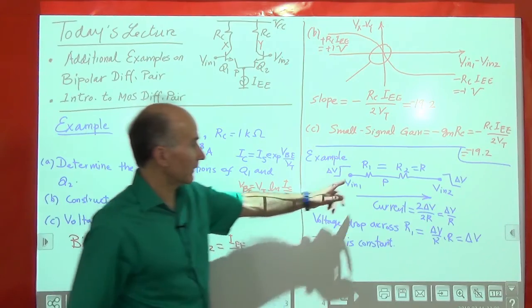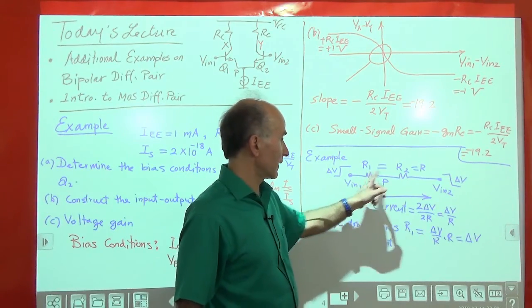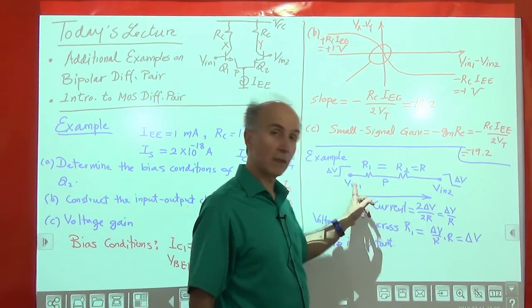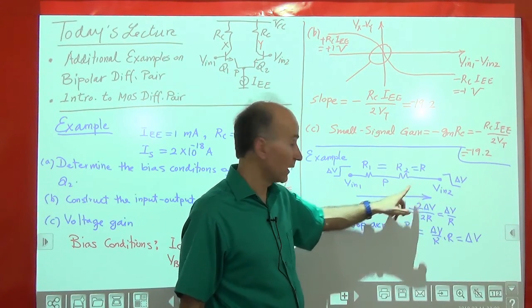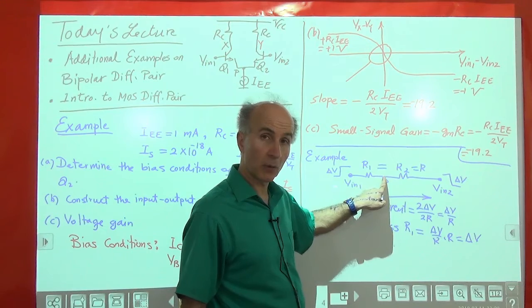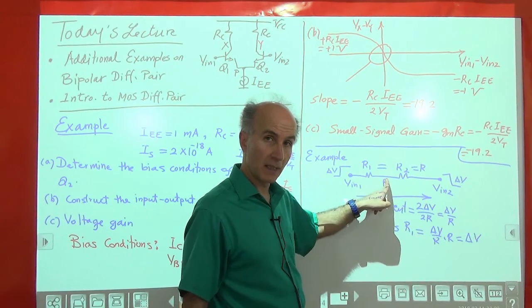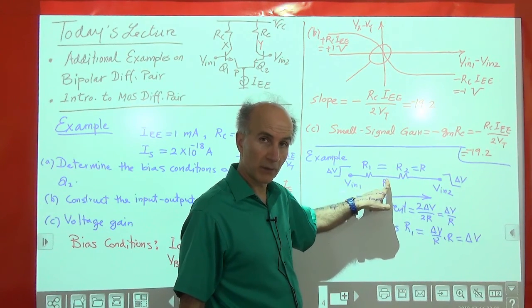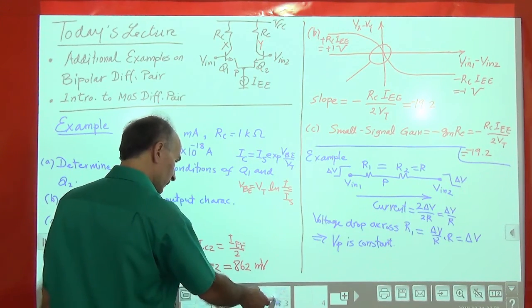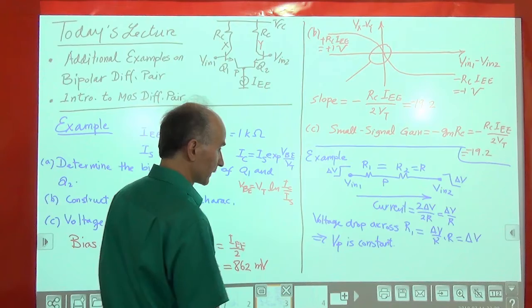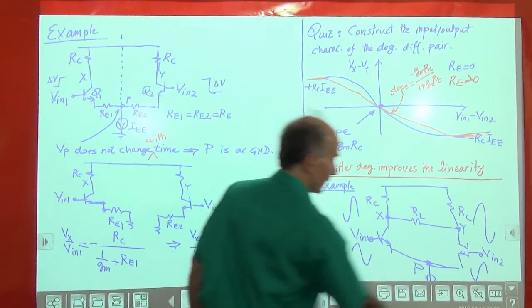So remember, we had two resistors, R1 and R2, from here to here, and the two voltages changed differentially. And we said that this point, the midpoint of these two resistors, is AC ground because the voltage does not change with time. Okay, can I do that here in this example or not? So let's see what I can do here.